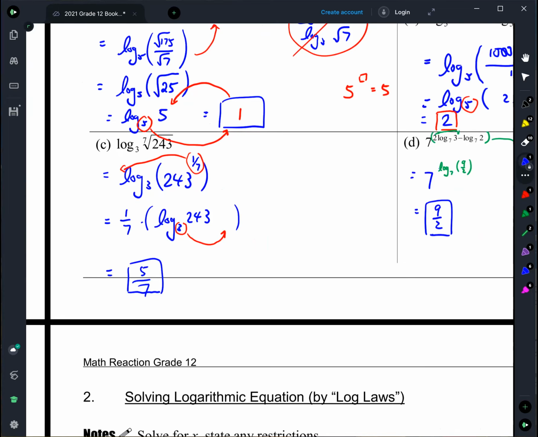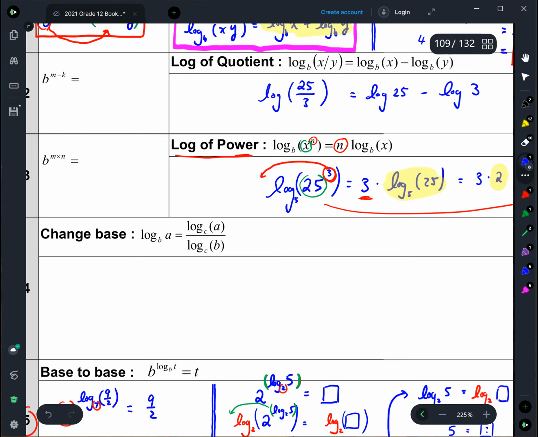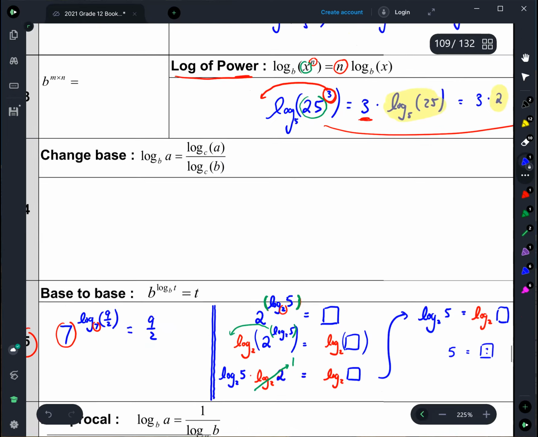What did we do? You turned it into to the power of 1/7. And then what do we do after that? Then do 1/7 times the log of... Yes, so you bring the exponent down. That is called the log of power. You have an exponent, then you can bring it to the front.